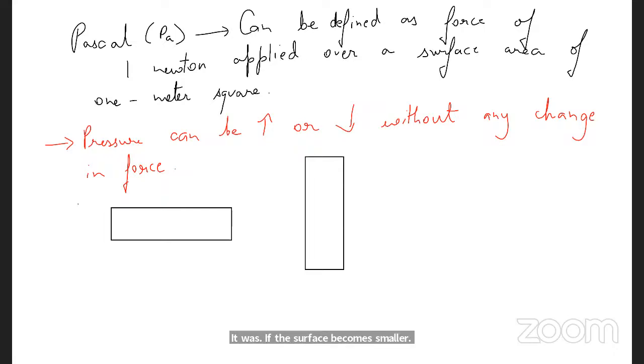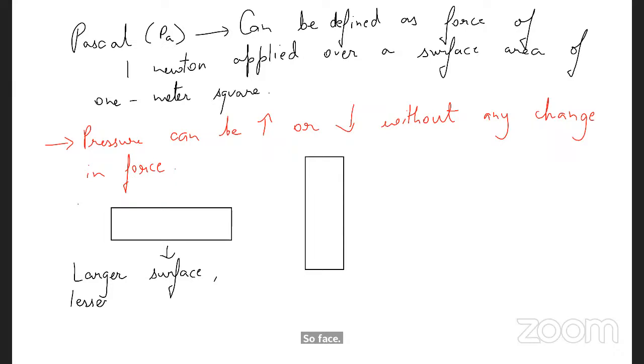In the first diagram, larger surface, lesser pressure. And in this one, smaller surface, higher pressure.